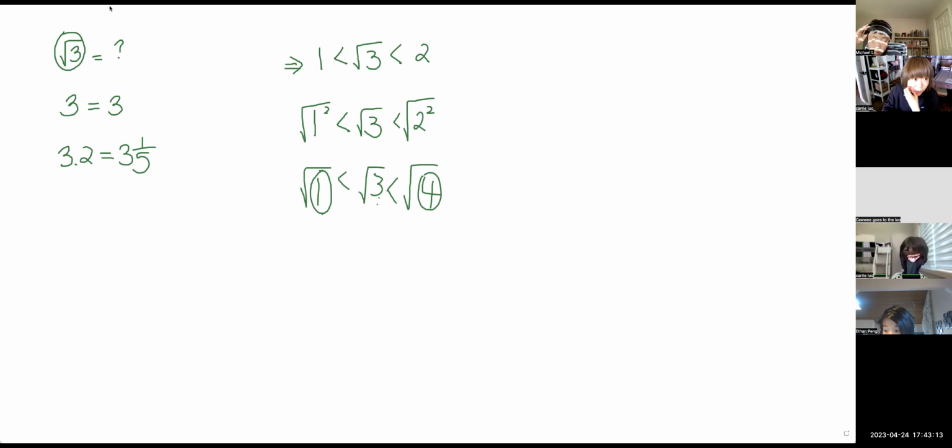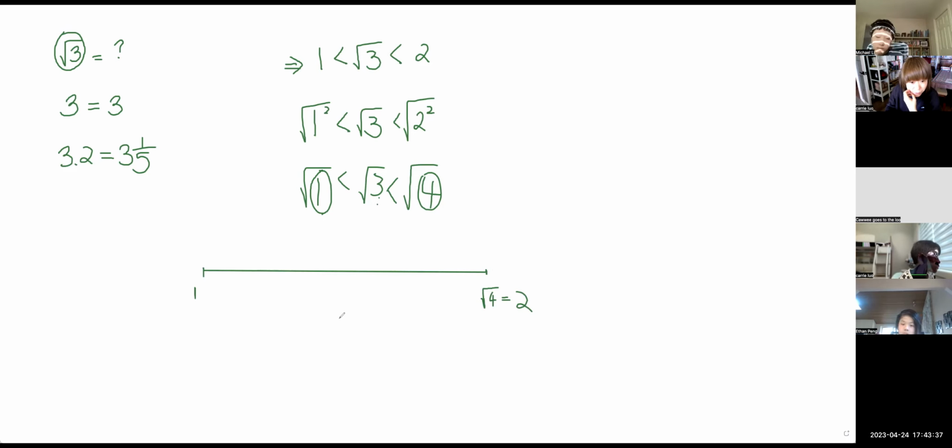So now we have learned that if I give you a timeline, okay, everybody? So this is basically 1. This is square root 4, which is 2. Understand, everybody? So this is 1 and 2. Do you understand, Ethan?